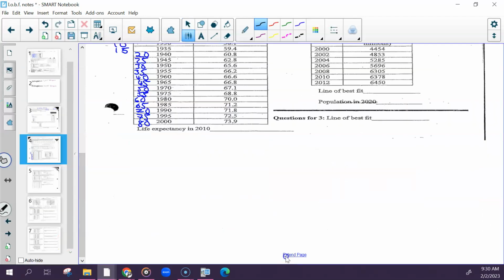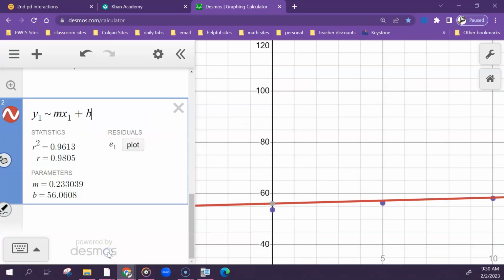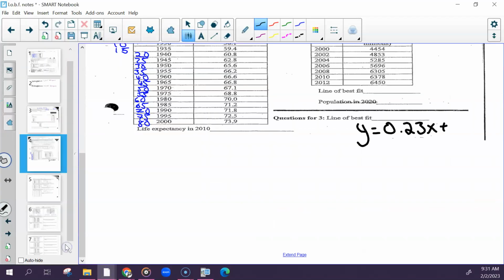It's all the way down the bottom. Anyone not get the line of best fit?